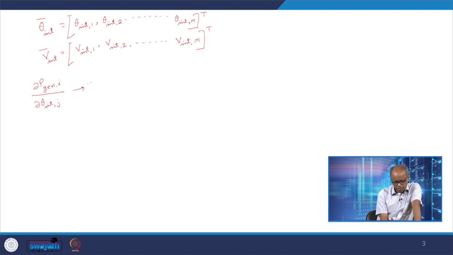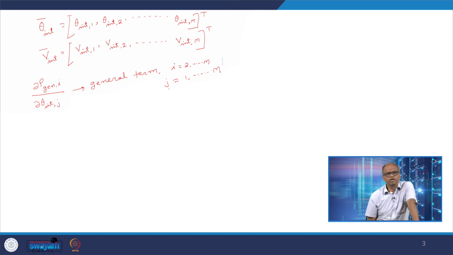So, this is the general term, where I varies from 2 to m and j would be varying from 1 to m. Please note that m is nothing but the number of generators in the system. Then obviously I can have only two cases.